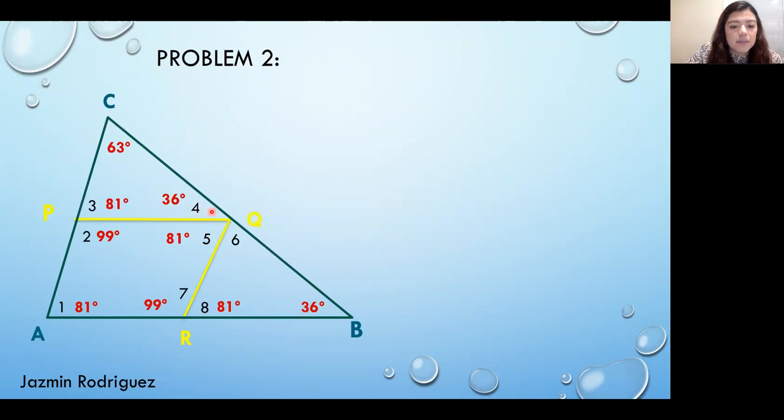Therefore, it'll be the same thing. And then finally, for our angle 6, we see that it also corresponds to angle C, and therefore this one will also be 63 degrees. And the way we can check is once we add up 63 plus 81 plus 36, it has to equal 180 degrees because that is the sum of our interior angles of a triangle.